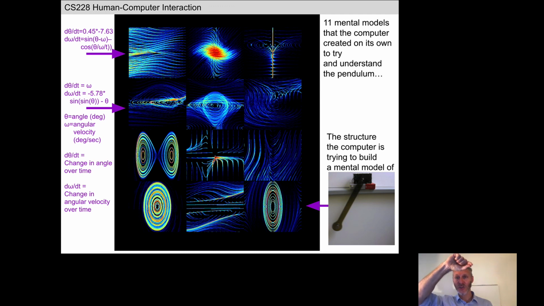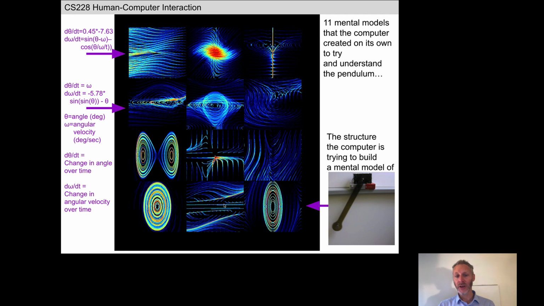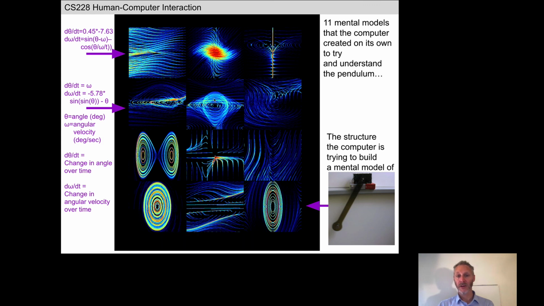We didn't send it to the machine, we sent it to the equations, which produced another line. So we have 11 visualizations here of how good the computer is at guessing the actual phase diagram from the actual machine. Which of these 11 pairs of equations was the best one, based on looking at these phase diagrams?